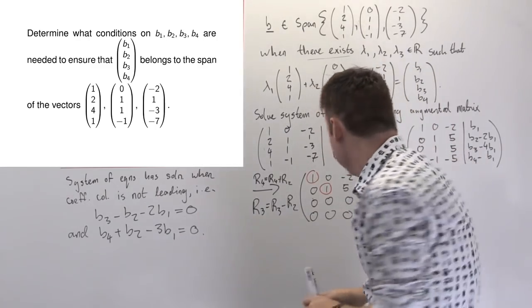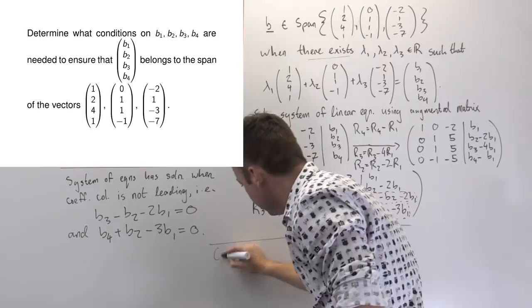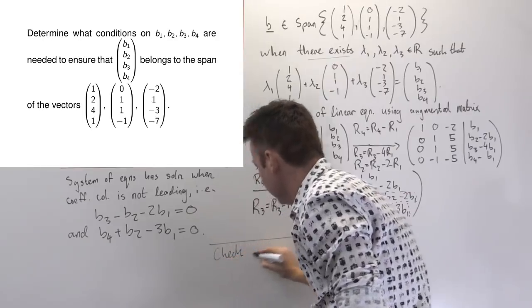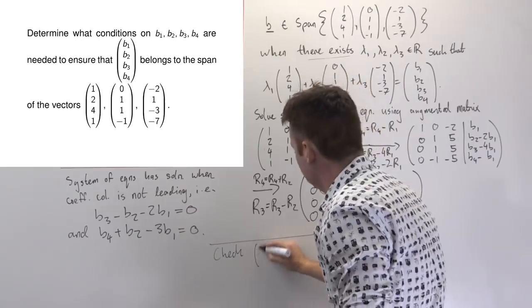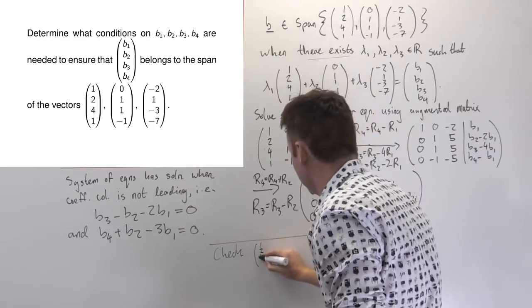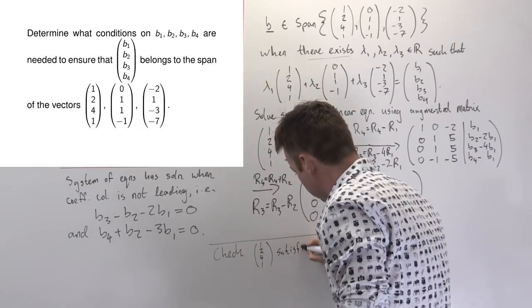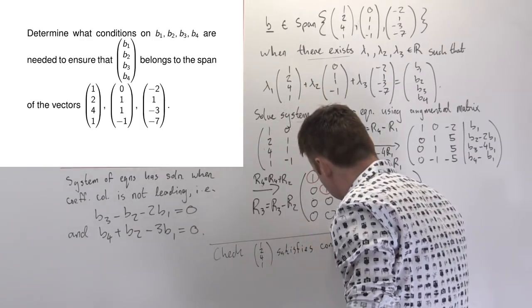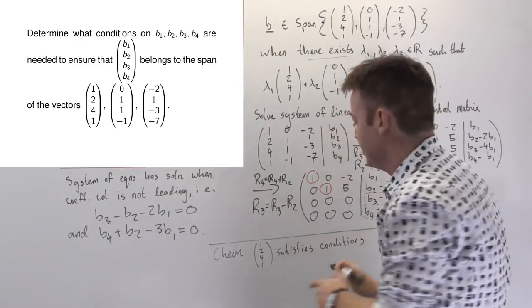So let's just do a quick check. Check is that 1, 2, 4, 1. Satisfies these conditions well.